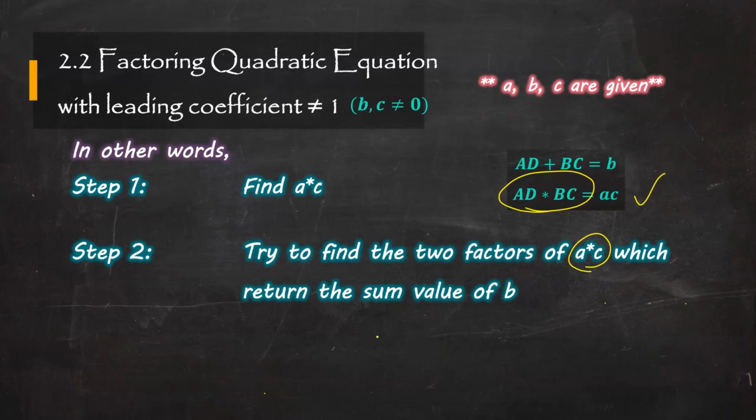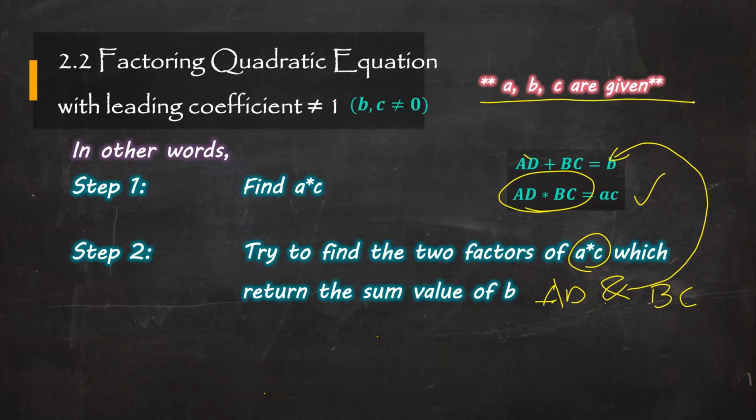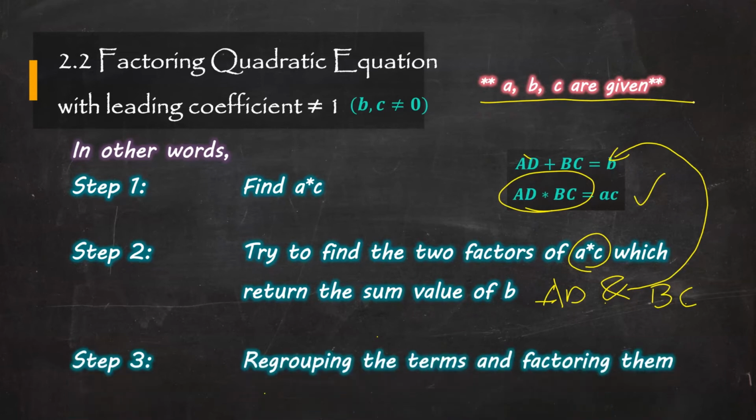So we have to find the 2 factors of the AC which can satisfy our first equation, right? By doing that, we can find our AD and our BC. So basically the first 2 steps are just to solve for AD and BC, since a, b, c are given. And our last step is to regroup all those terms and then factor them.